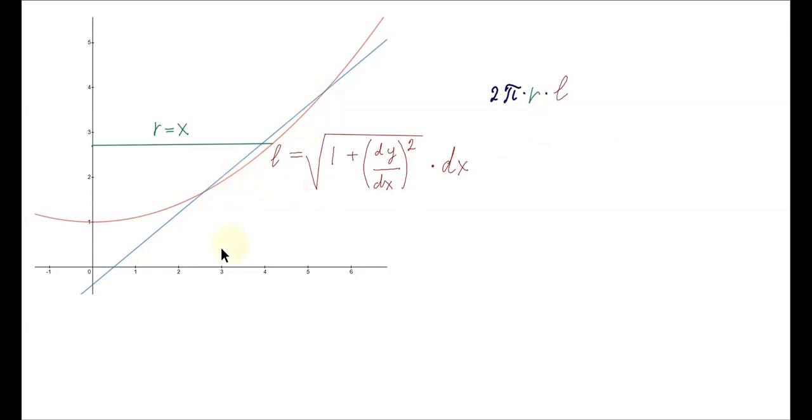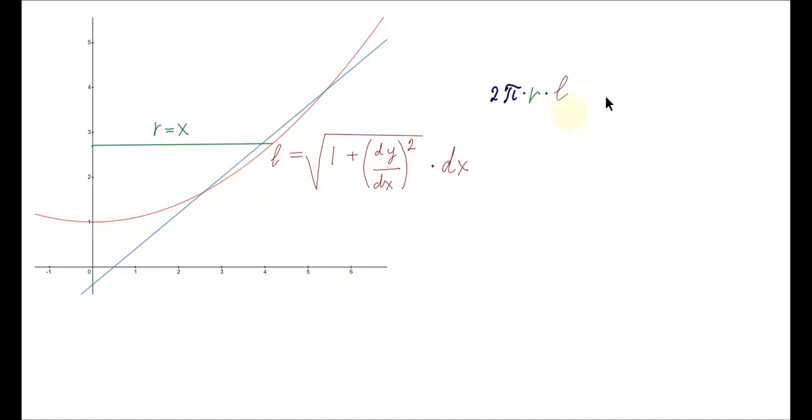And this is just a piece of the surface while we are rotating this small piece of the curve L. What if we need to figure out the surface area while rotating a big curve, like from 0, for example, to 6, or any piece of the curve? Then we need to add up all the pieces of all the surfaces.